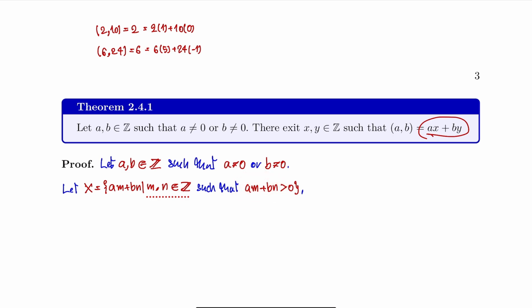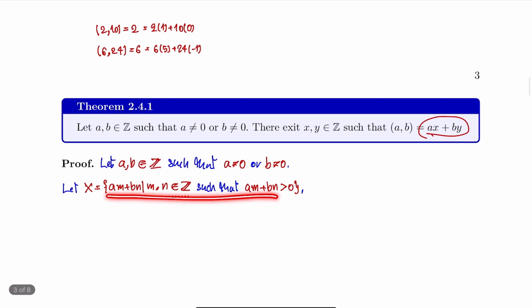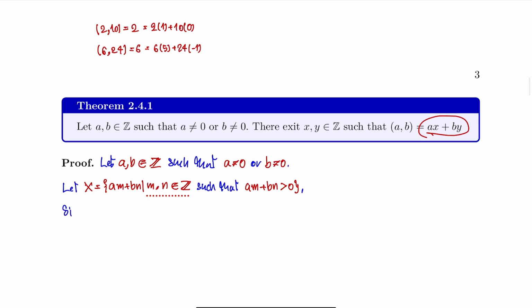To pick an element from this set, we need to show that this set is not empty and that it is a subset of the set of natural numbers. I think you may guess that I'm going to use the well ordering principle. As we can see, a is not 0 or b is not 0.